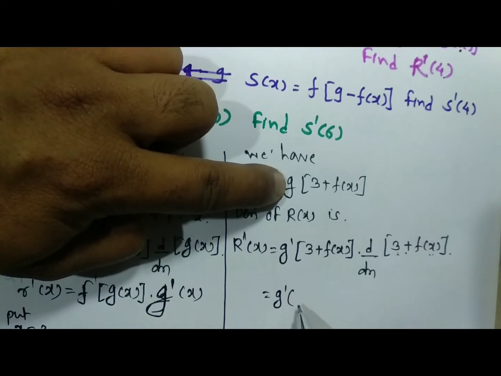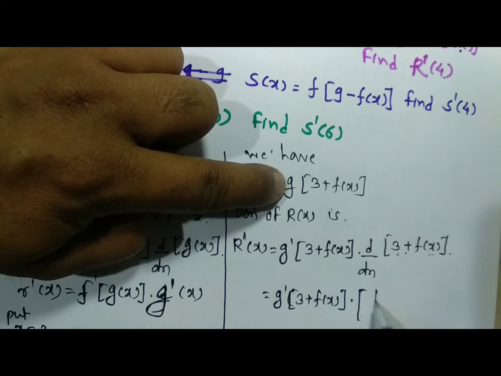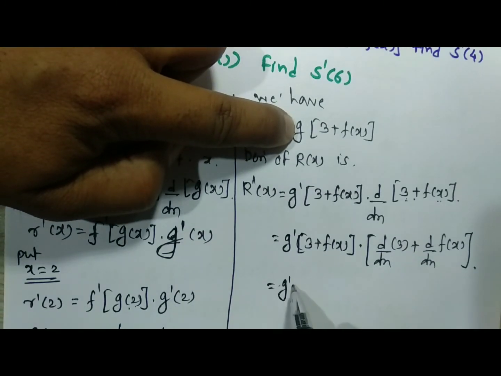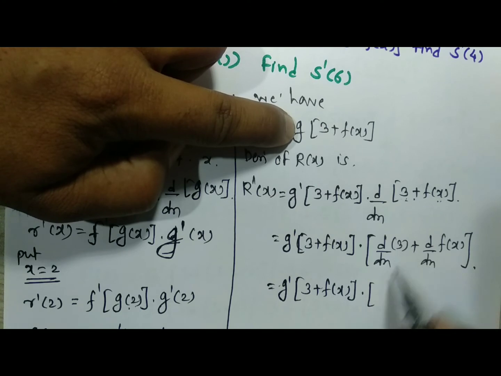And therefore g dash 3 plus f of x into another bracket is here, d dx of 3 plus d dx of f of x. And by using the algebra of derivatives, you will get g dash 3 plus f of x into the derivative of 3, which is a constant, and the derivative of 3 is 0, plus the derivative of f of x.